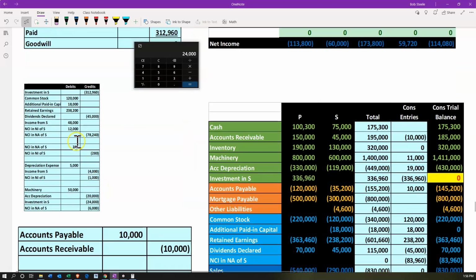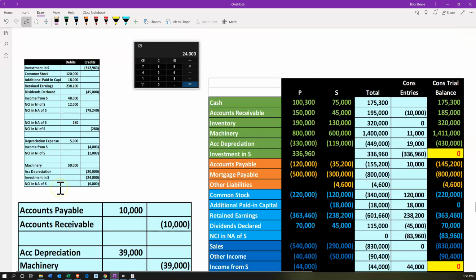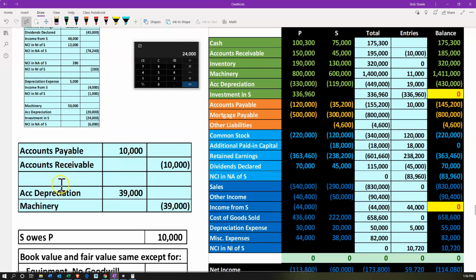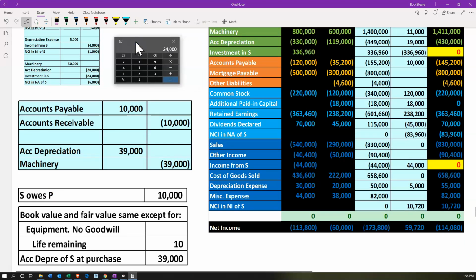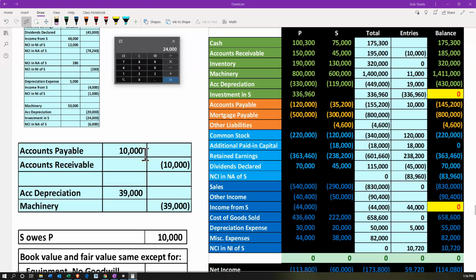All right, next transaction. This is what we've done thus far, and this is going to be the current thing we're focusing in on. We also know that there's going to be an intercompany receivable and payable. So you notice when we think about these transactions where they're selling inventory, P sells to S and S sells to P, it could have been a cash sale or it could have been on account.